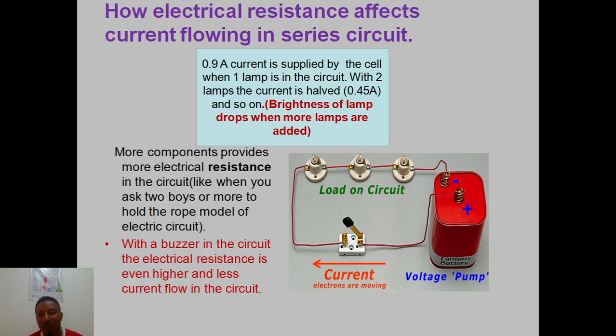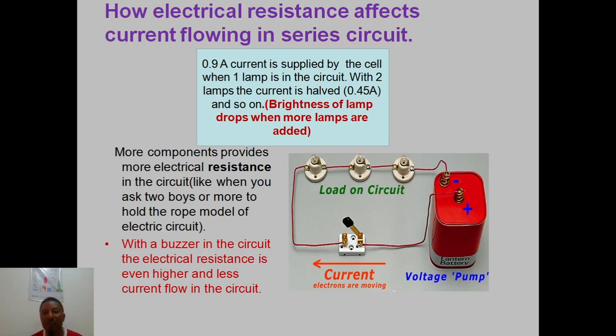Now, in this case, the brightness of the lamp will eventually drop since less energy is being supplied. Remember, the charge is the one that supplies the energy. So the more components you add in the circuit, let's say the components are lamps, the brightness of the lamp will reduce.